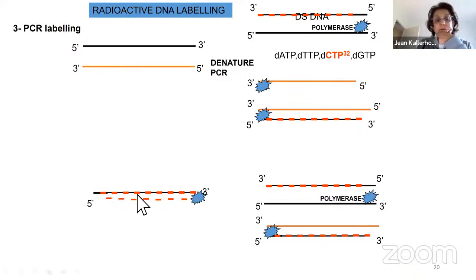So every time you have those red rectangles, this means you have a DCTP that has been integrated, right? And therefore, this will be a highly radioactive molecule that will be used to probe your sequences.